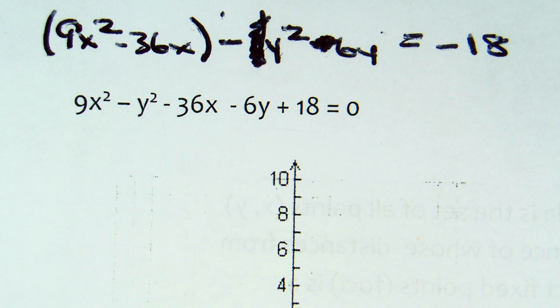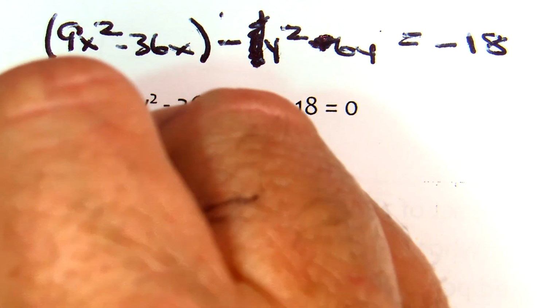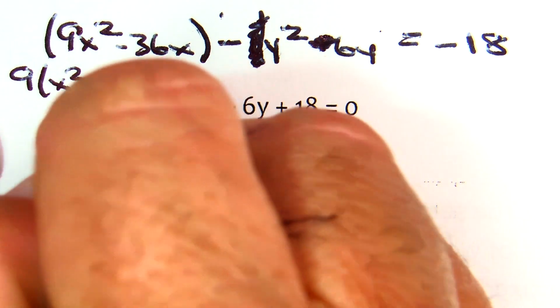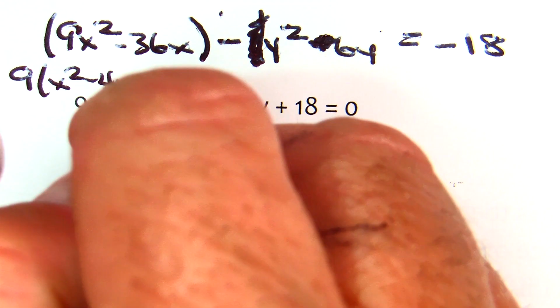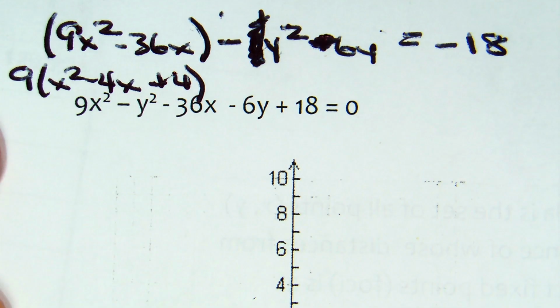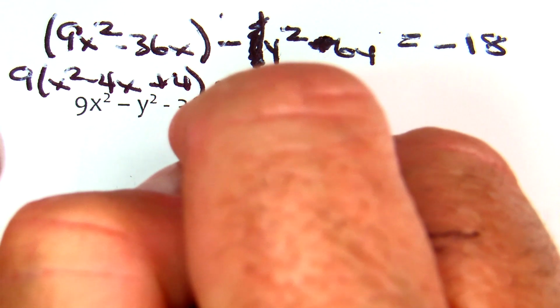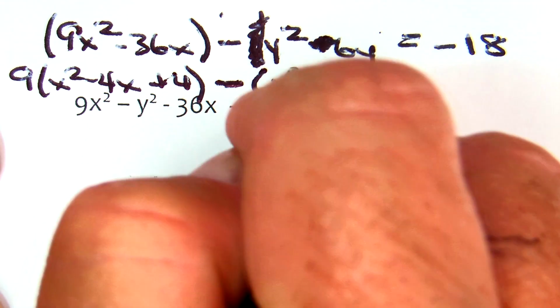What's the coefficient of x squared? 9. So I'm going to pull that out. X squared minus 4x. And I'm going to complete the square. What's half of 4? 2. 2 squared, 4. I'm then going to pull out the negative in front of the y squared.